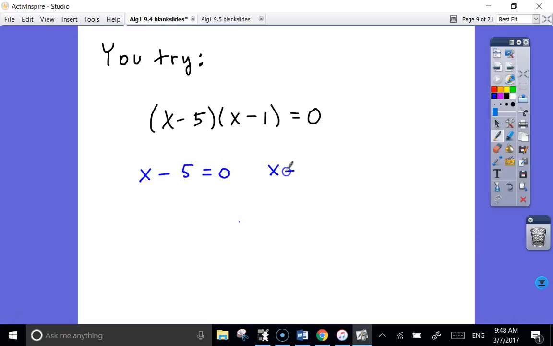And x minus 1 equals 0. But in either case, if you just look there, since it's x minus 5, then what is the value of x that makes that factor equal 0? 5, right? And that's what you'll get if you solve here. What do you plug in here to make a 0? 1. Right? So when it's a minus, that's going to be a positive number, so that when you subtract, it's 0.